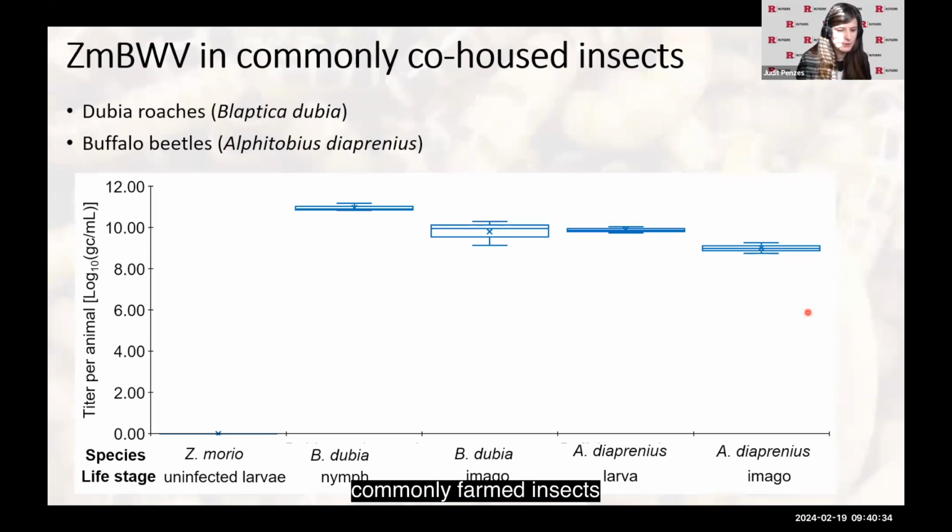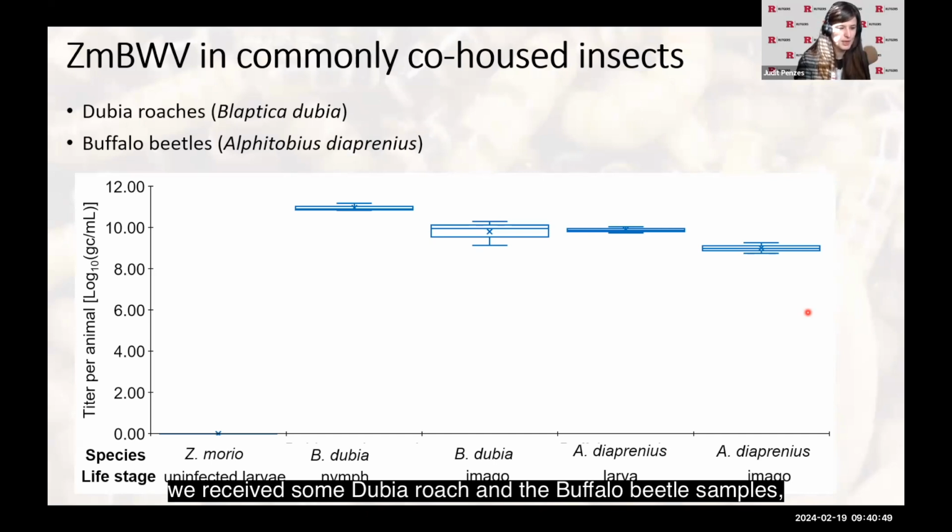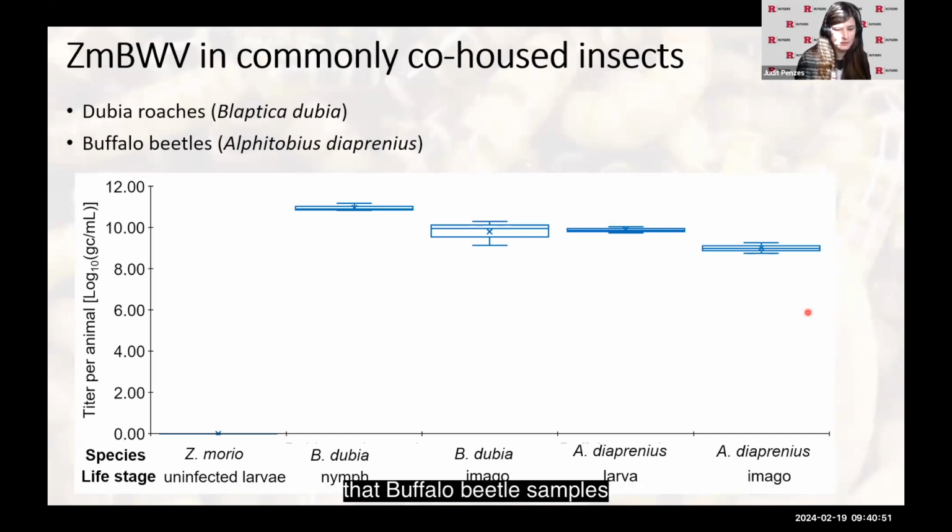So from one of the farms that suffered the black wasting disease, we received some dubia roach and buffalo beetle samples, and we could detect the virus in them at quite high titers in all life stages, despite these animals otherwise being healthy and not exhibiting any signs of CMBWV infection.